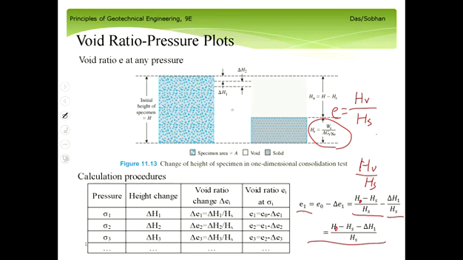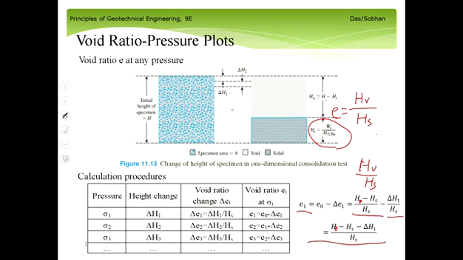Under the first loading stage, we give sigma 1, and you have a compression of delta H1. This delta H1 is actually the change of the height of the voids. Again, you give another stress, sigma 2, and we get another compression, delta H2. Again, delta H1 and delta H2 are all from the change of HV. So the current change in H is caused by compression of voids, but HS never changes.